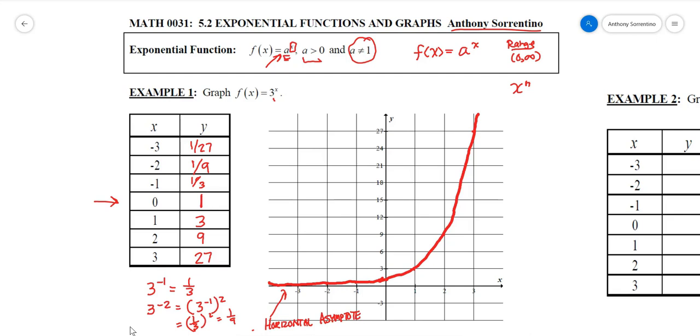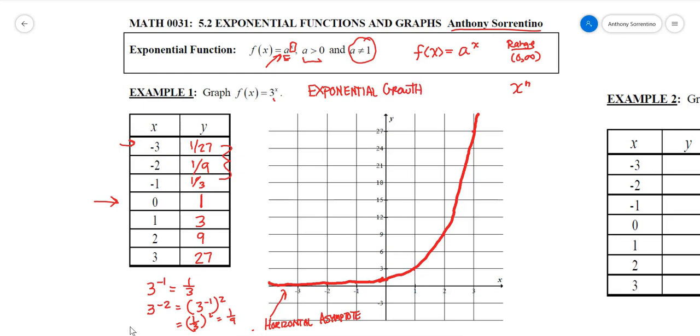But as I keep making this number more and more negative, this is going to get closer and closer to 0. Since we are, in general, moving up as we move from left to right, this is considered to be an exponential growth function. Now, there are going to be others as we study them. But that's what an exponential growth function looks like.